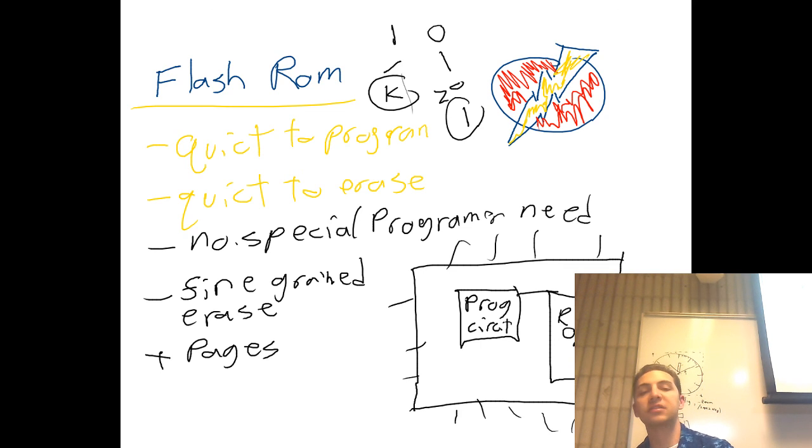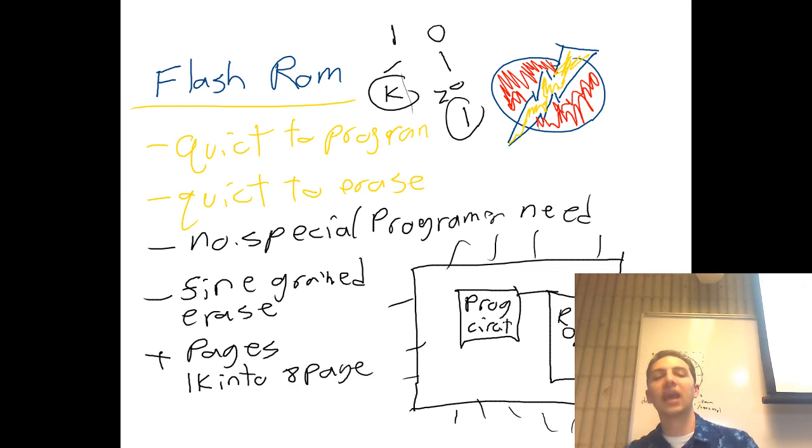But what it might do is split this 1K up into maybe 8 pages. So if you take 1K and divide it by 8, how big would your page be?